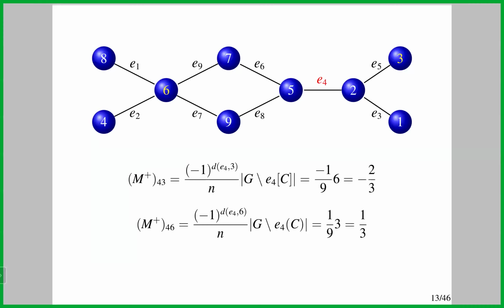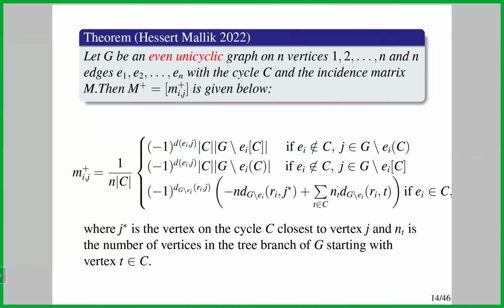The answer is not easy. So I'll show you the answer. This was published in 2022. The first 2 lines of the ijth entry you can see, which I just explained, are like the tree case. But if the edge is in the cycle, then the combinatorial expression of the ijth entry is much more complicated.